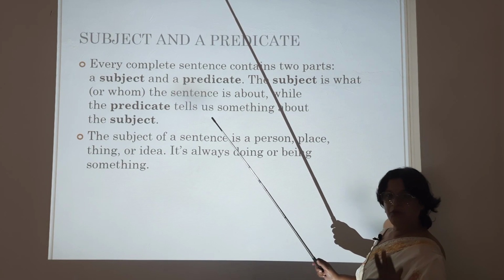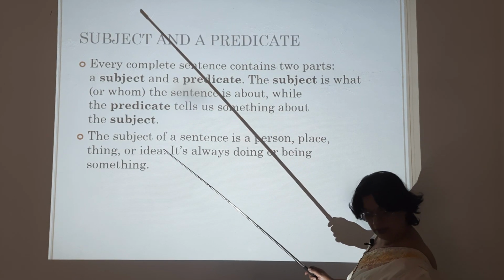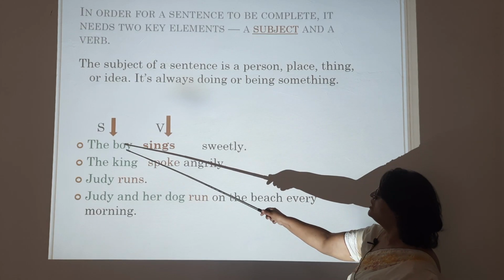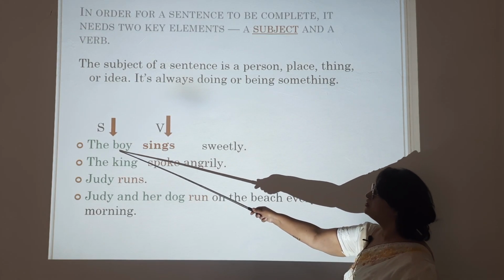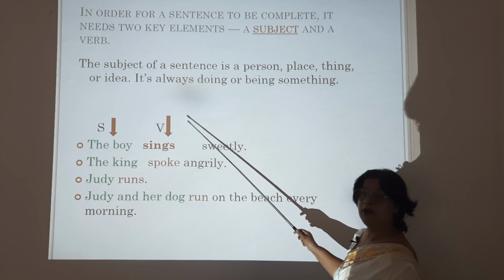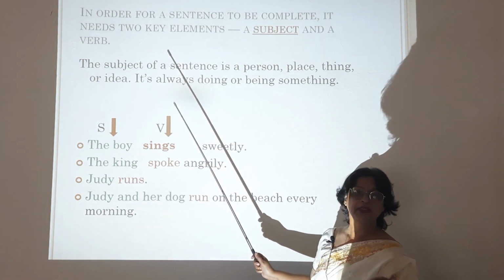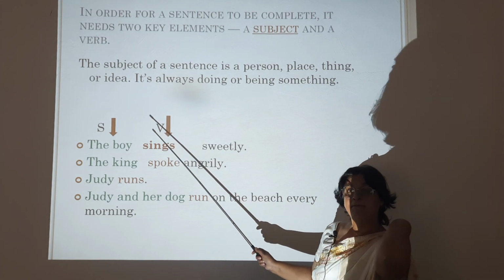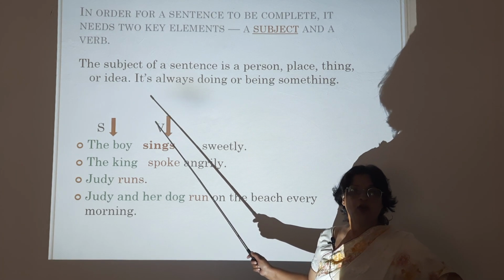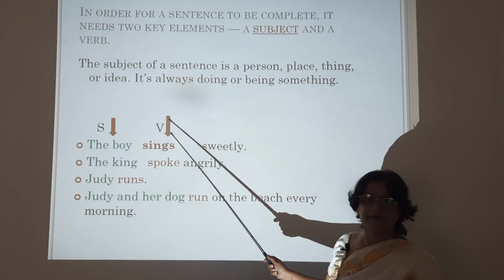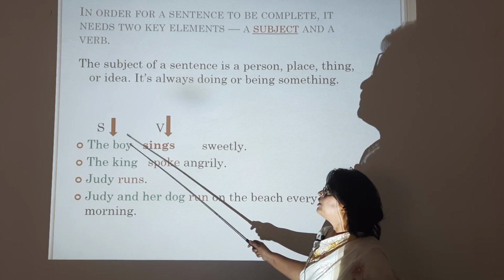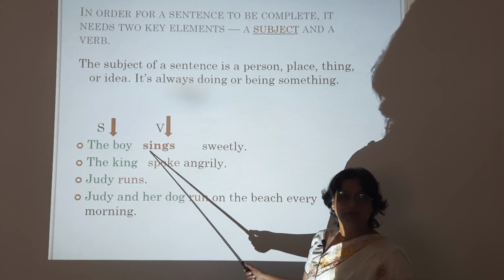Now, when we saw the sentence, we clearly understood that a sentence consists of the subject and the verb. These are the main elements of a sentence. Again and again, I will be stressing the verb in the sentence simply because it helps to identify the subject and also it makes a complete sentence.